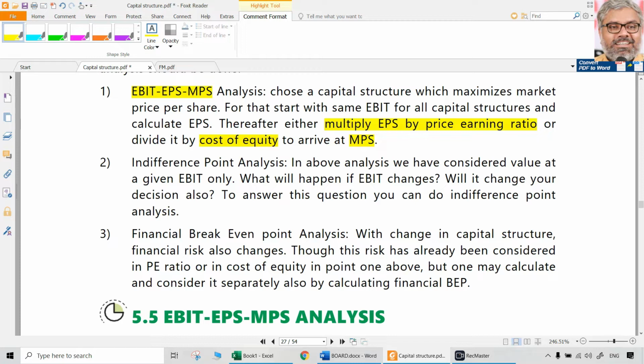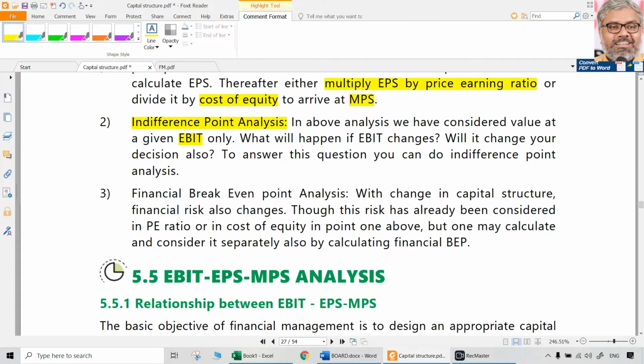And there can be another type of analysis called indifference point analysis, which tells us which EBIT will give the same EPS irrespective of the capital structure. Also, financial break-even point analysis can be done.